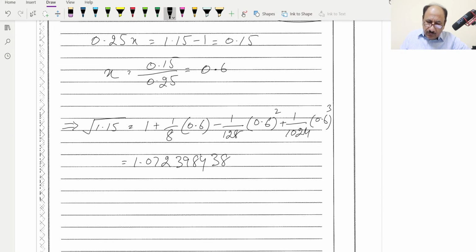So these are the calculator numbers, and we have to provide up to 6 digits.